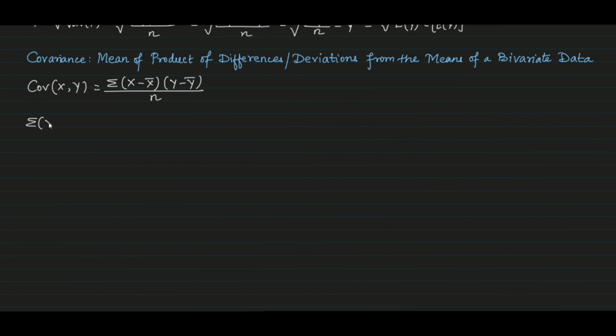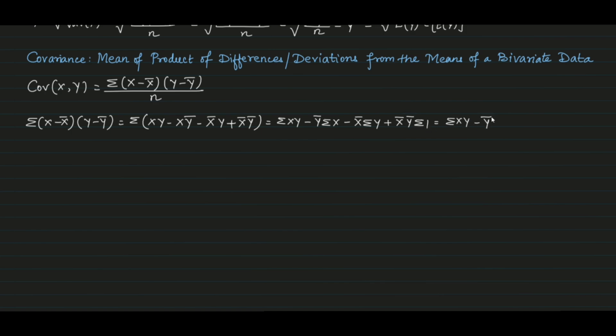The summation x minus x bar y minus y bar can be opened up as xy minus x y bar minus x bar y plus x bar y bar, which can be simplified further as summation xy minus y bar summation x minus x bar summation y plus x bar y bar summation 1, which is nothing but summation xy minus y bar and x bar minus x bar and y bar plus x bar y bar times n, because we know summation of x is n x bar, summation of y is n y bar, and summation of 1 is n.